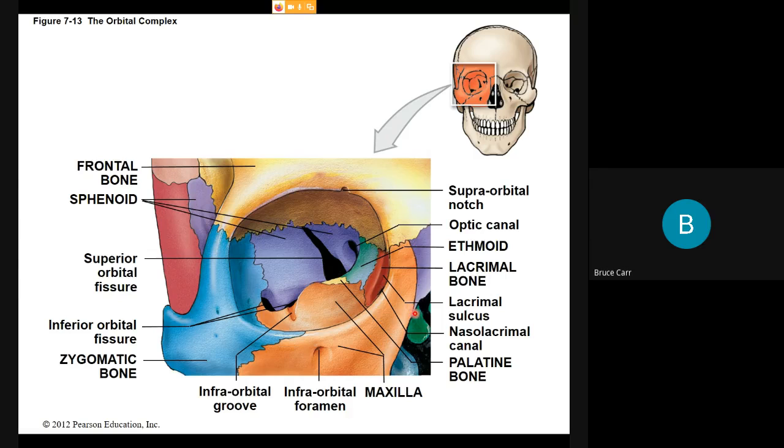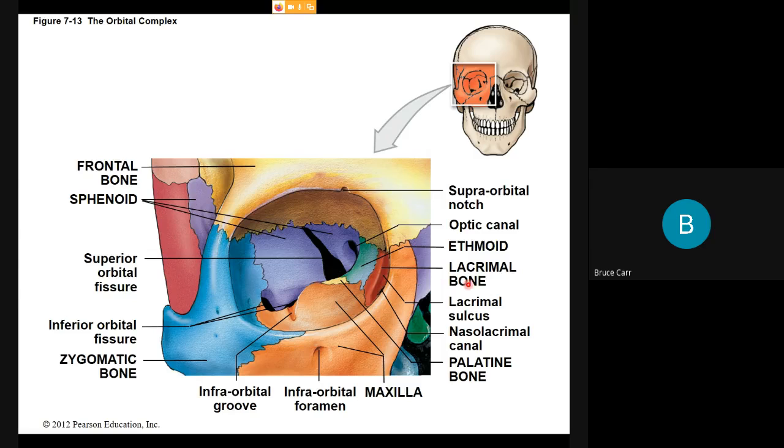And the green ethmoid bone is seen here within the orbital cavity, and it's extending downward in the septum, helping form the upper part of the septum of the nasal cavity.